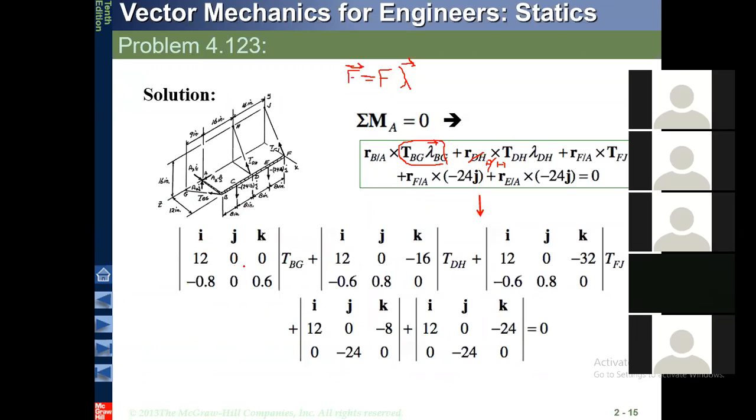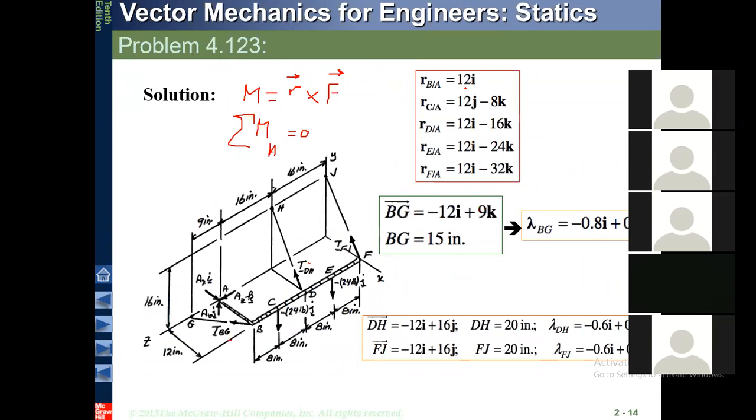For example, for the first cable force, TBG, you have RBA equal to 12I. This is the distance vector from B to A, or it's better to say from A to B, because you're taking the moment around point A. So the distance vector should be from A to the point that the force is exerting on.